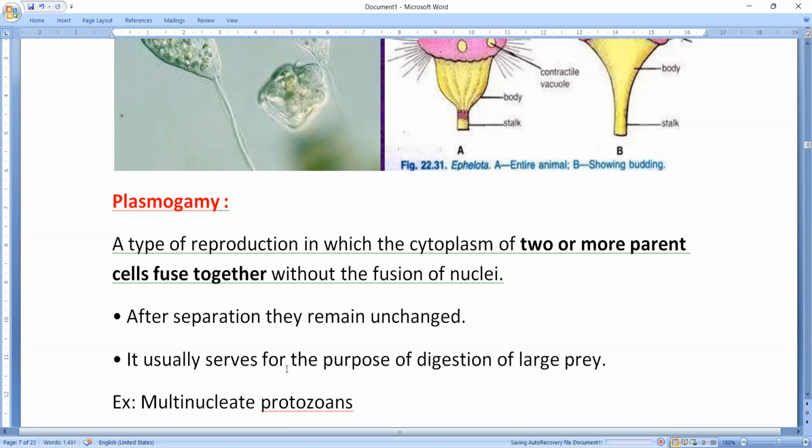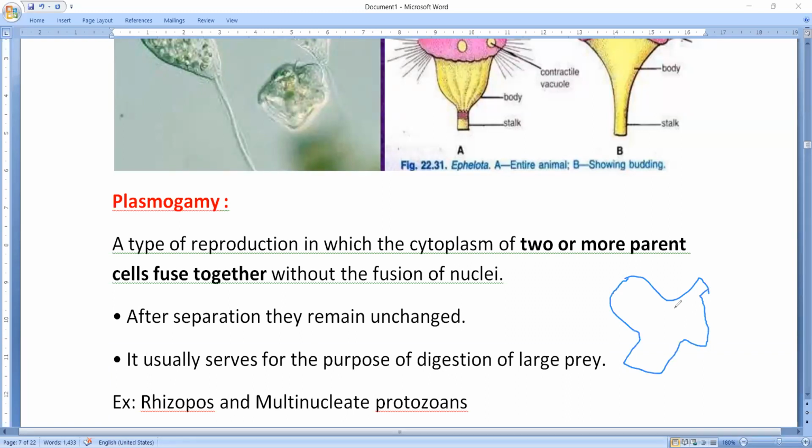It usually serves for the purpose of digestion of large food. అంటే ఏంటంటే ఒకవేళ యానిమల్ చిన్నగా ఉంది, అది ఇంజెస్ట్ చేసిన ఫుడ్ పెద్దగా ఉన్నప్పుడు, so it takes the help of other organisms of same species. అంటే అమీబా లాంటి ఏదైనా యానిమల్ తీసుకున్నట్లయితే ఒకవేళ తీసుకున్న ఫుడ్ దాని బాడీ సైజ్ కన్నా లేదా అందులో ఫామ్ అయ్యే ఫుడ్ వాక్యూల్ కన్నా ఇట్లా పెద్దగా ఉన్నప్పుడు, సో దీన్ని డైజెస్ట్ చేయడానికి ఈ ఒక్క ఆర్గానిజం సరిపోదు. అప్పుడు so it depends upon another similar organism.